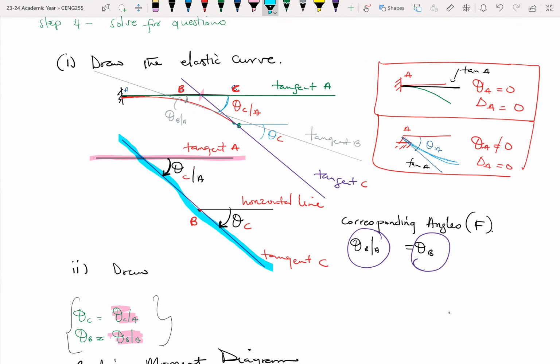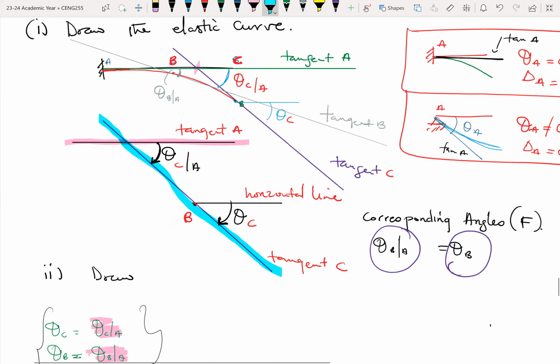So tangent A is horizontal, which coincides with the horizontal line, right? So the change in slope between tangent A and tangent C will be theta C over A, all right? But then, because tangent A is horizontal, it is the same as finding theta C, right? So using the idea of corresponding angles. So that's how come in this case, theta B is equal to theta B over A, or theta C is equal to theta C over A.